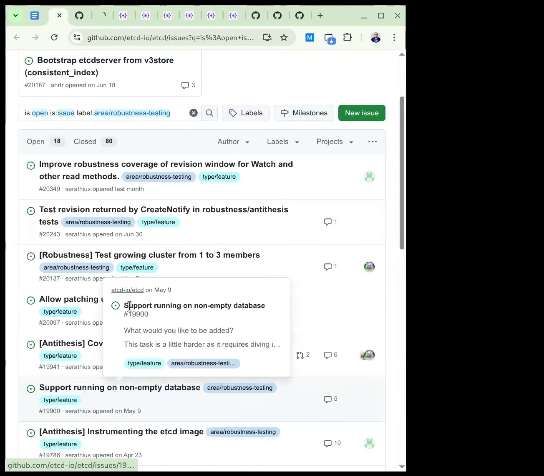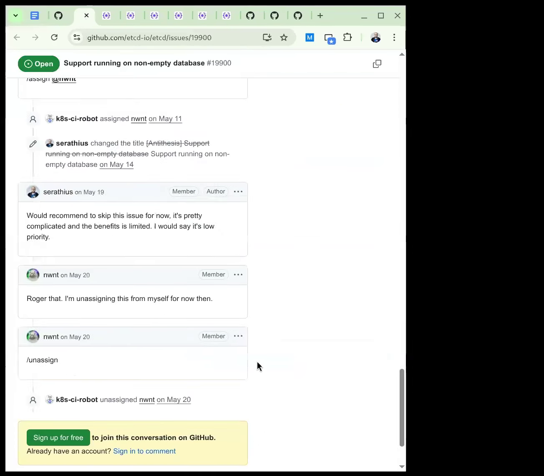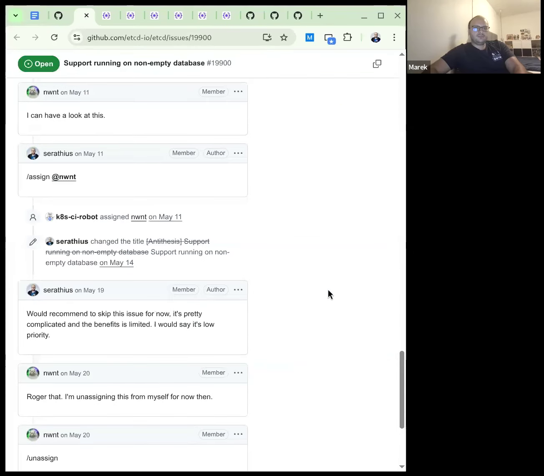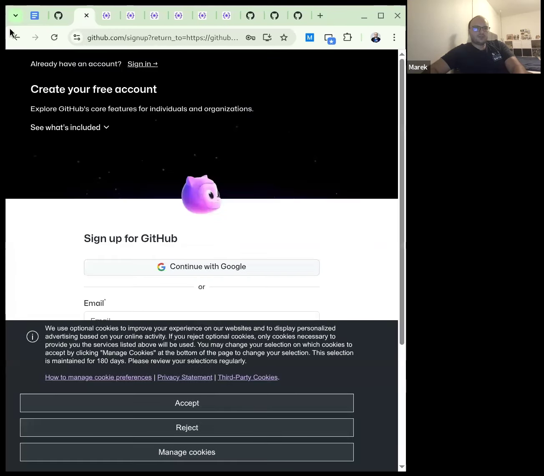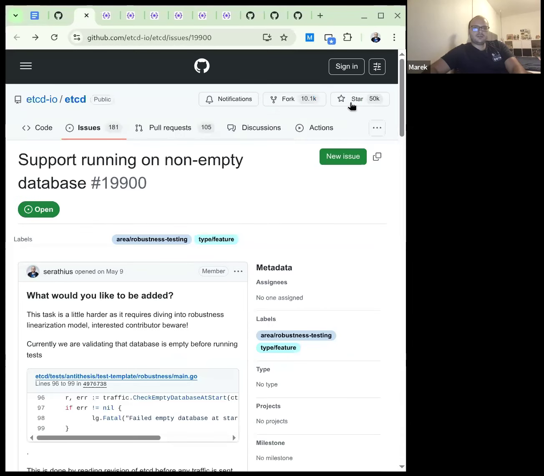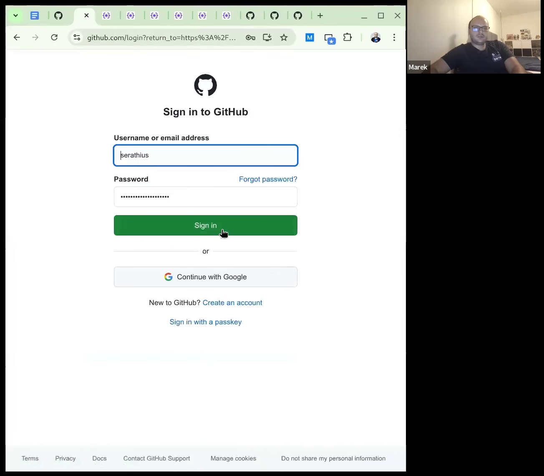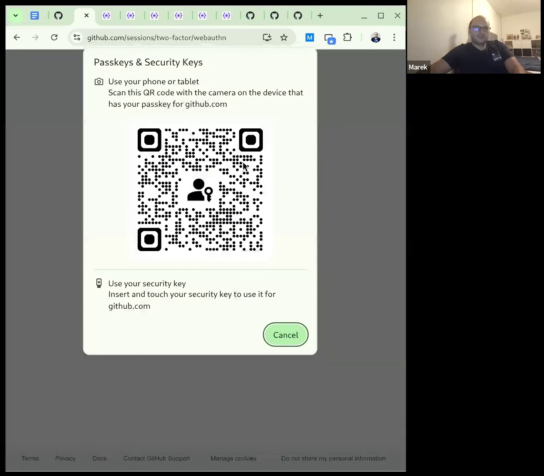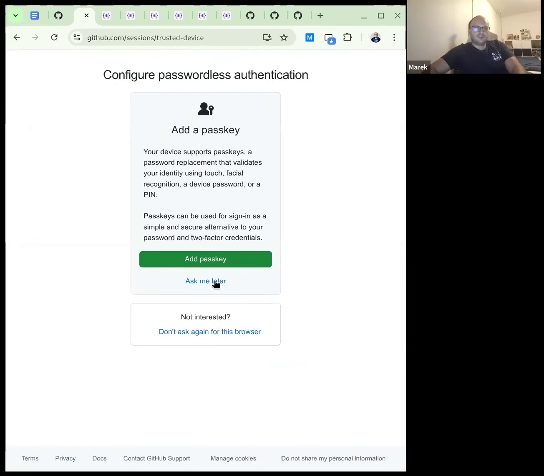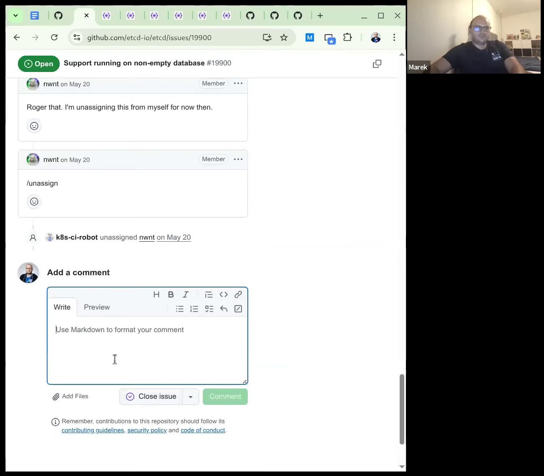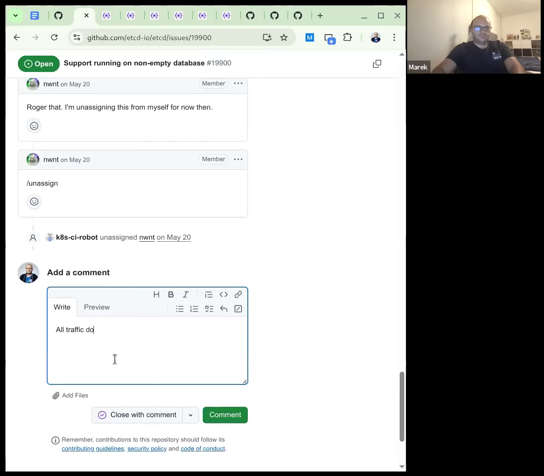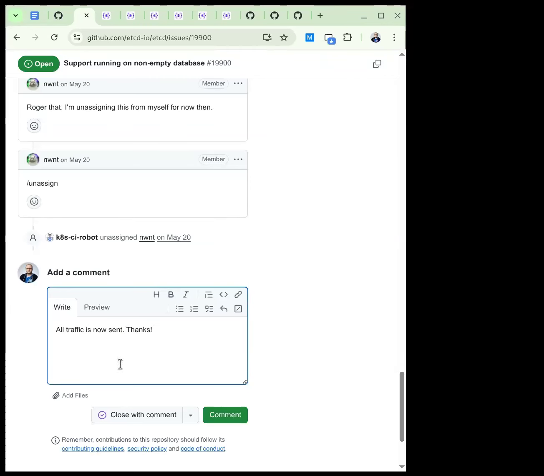I think we also can close the instrumenting image. Okay, I need to sign in. I think this is a different issue.